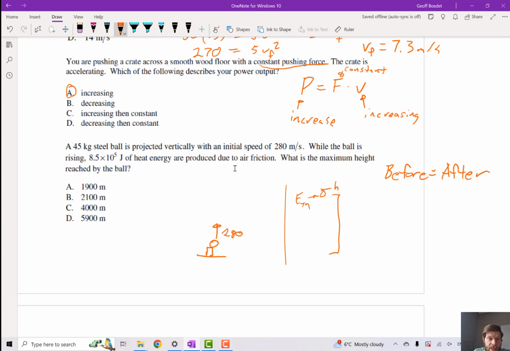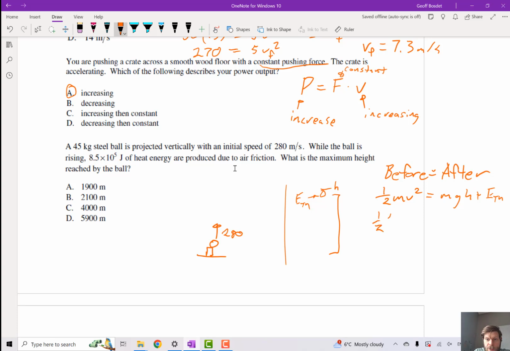And before, we got some kinetic energy. It's basically at the ground. So it's just 1/2 mv squared, and all that energy we had in the beginning, kinetic energy, some of it is going to become potential energy, and the rest is going to be that thermal energy that we're told.